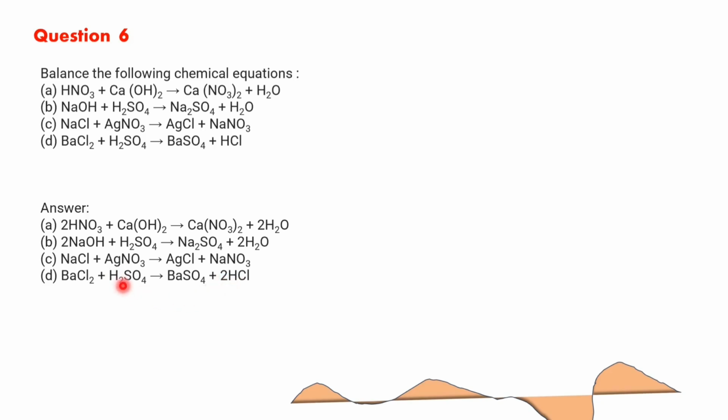And sulfur, if we consider, has only 1 atom on the reactant side, and the product side also has only 1 atom. And if we consider the oxygen atoms, there are 4 oxygen atoms on the reactant side and 4 oxygen atoms on the product side. This is how all the chemical equations are balanced.